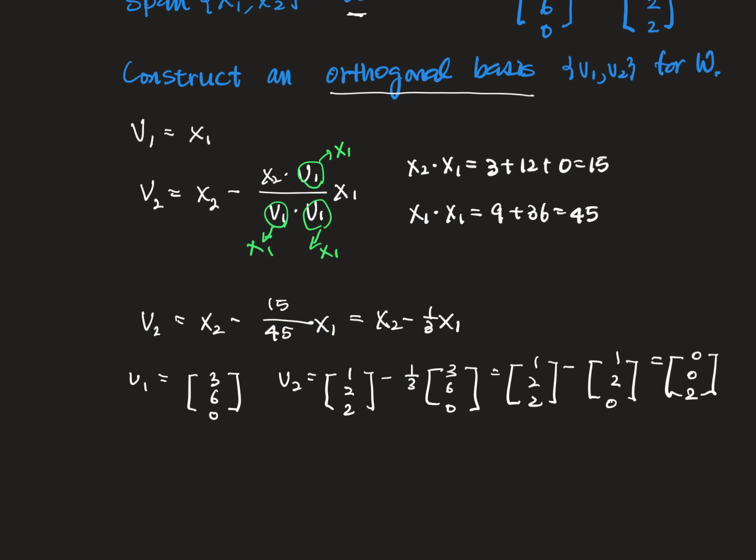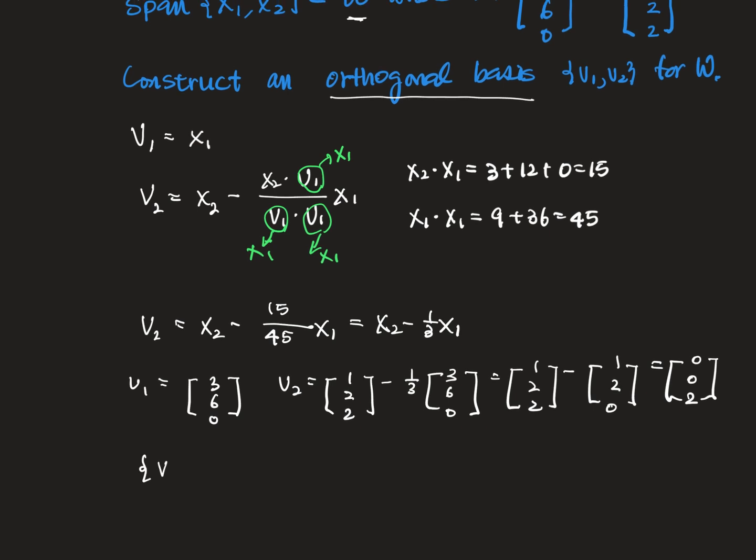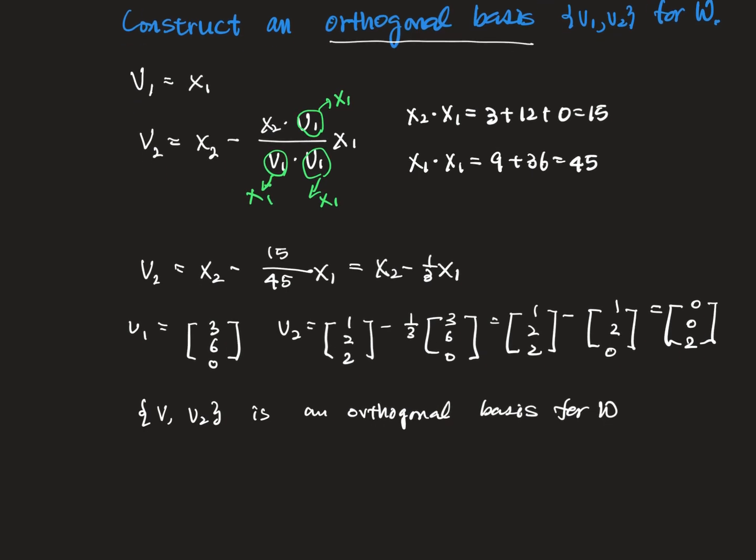That's the orthogonal basis: the v1 vector and the v2 vector form an orthogonal basis for W. You can check that v1 and v2 are orthogonal. How do we check it? Inner product. v1 inner product v2 is 3 times 0 is 0, 6 times 0 is 0, 0 times 2 is 0, so the result is 0. So you created an orthogonal basis for the subspace W.